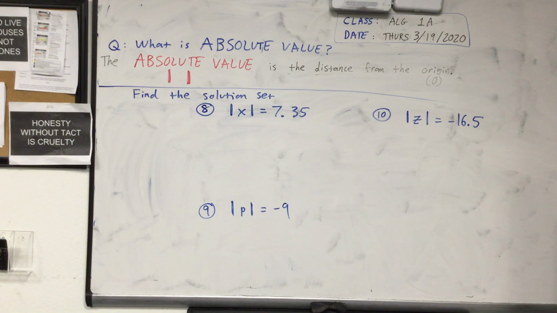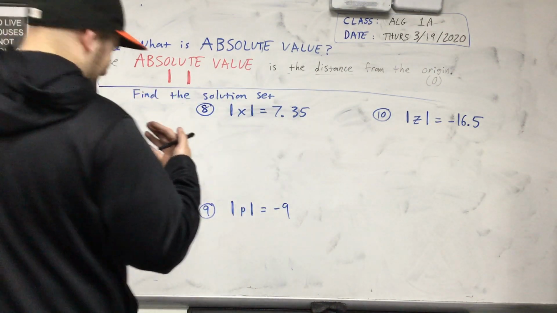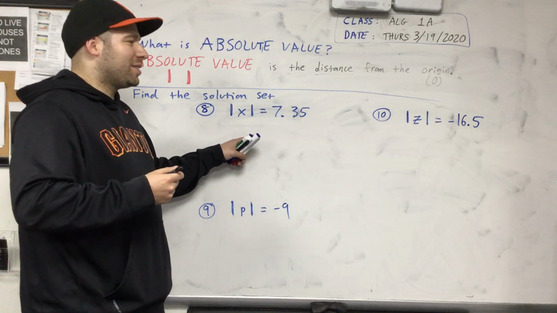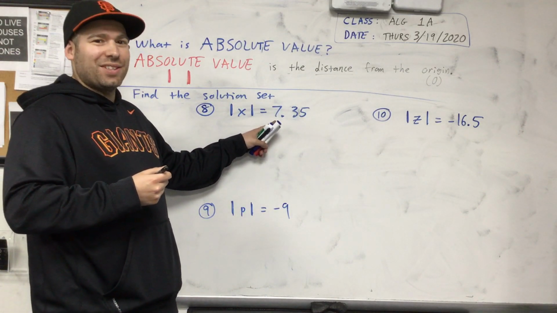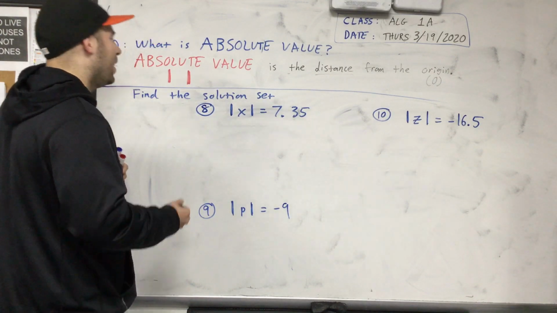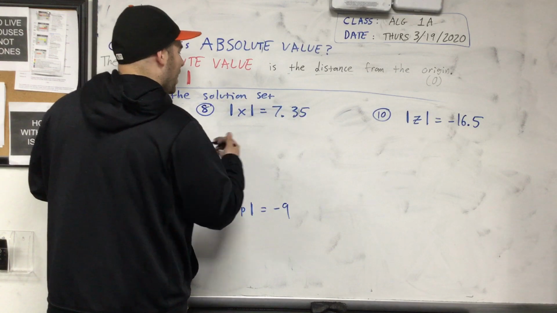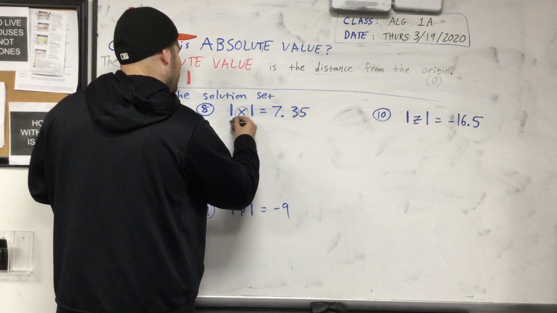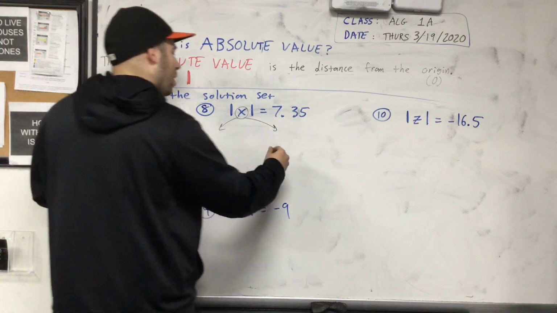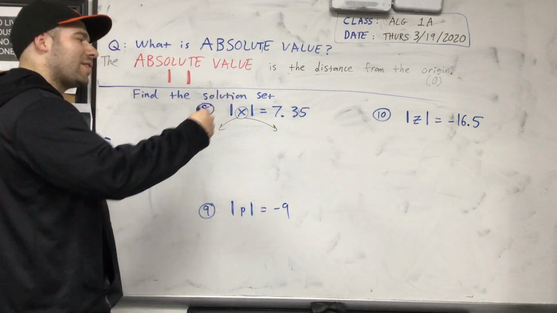All right, so first things first, now that we know that these problems can try to trick you, the bars are isolated. Is the output positive or negative? Okay, it's positive, so that means that I can break this up into two cases, because distance is always measured in positive units. So the absolute value of x is 7.35.